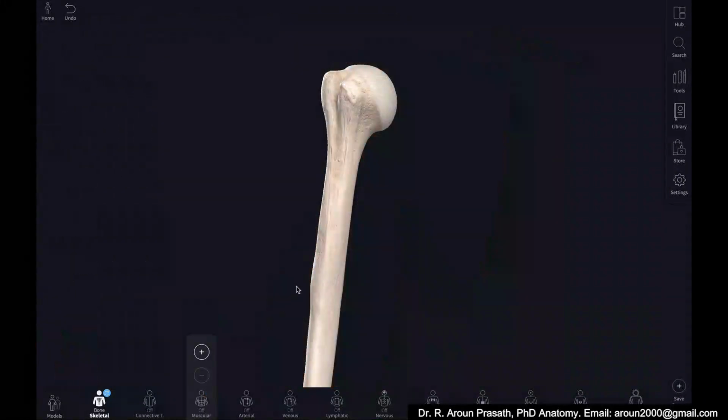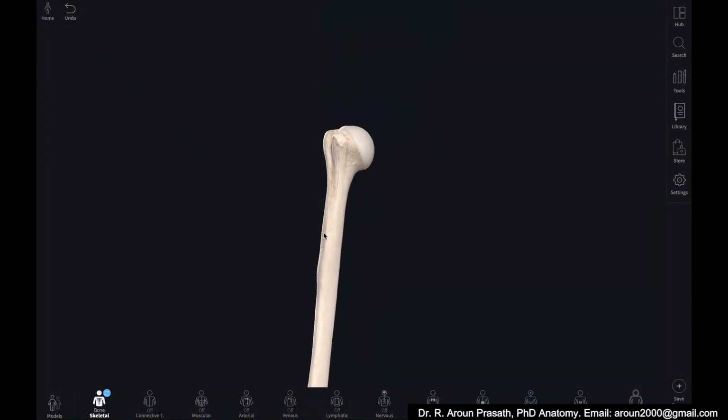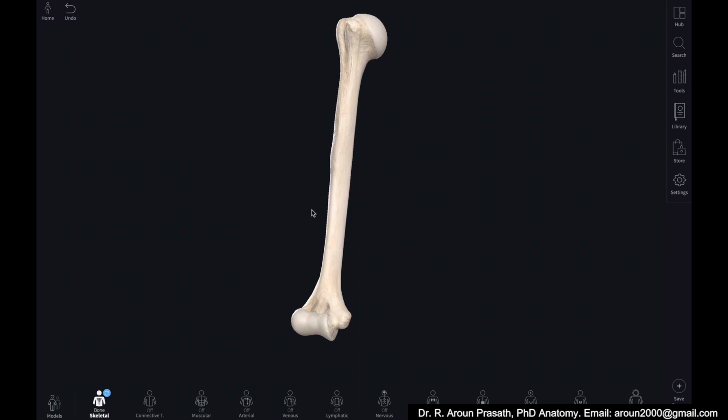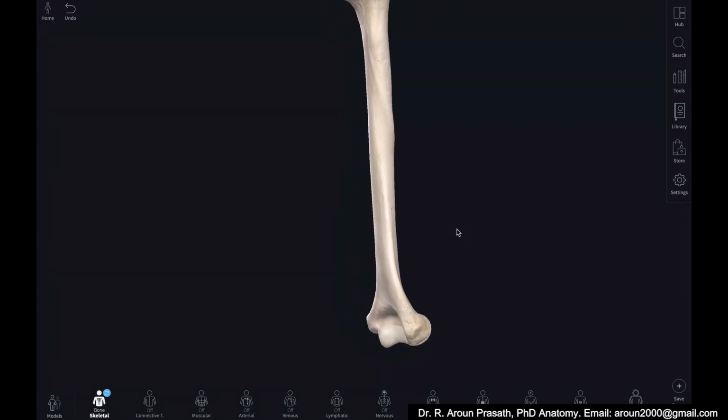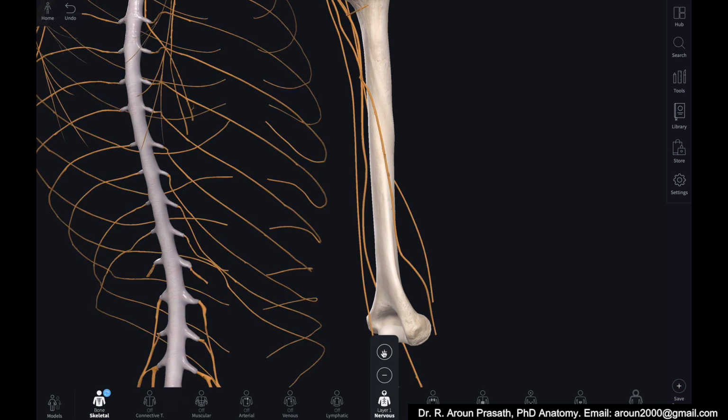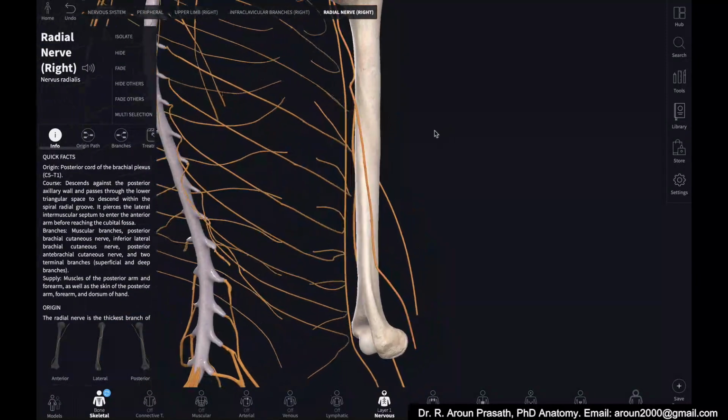Coming to the other part of the humerus, if you turn the humerus to the posterior side, there is a groove-like structure. This groove is called the spiral groove, where the radial nerve passes. This is the radial nerve passing in the spiral groove.